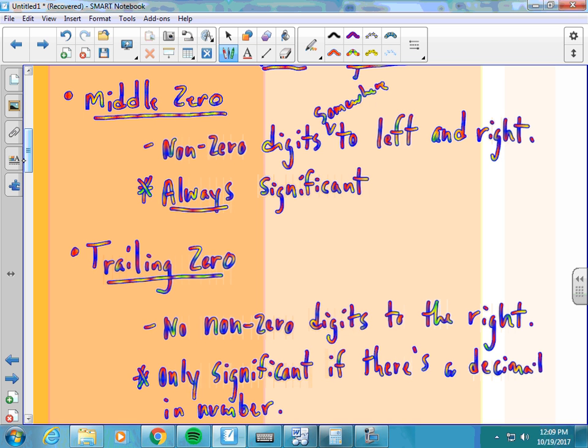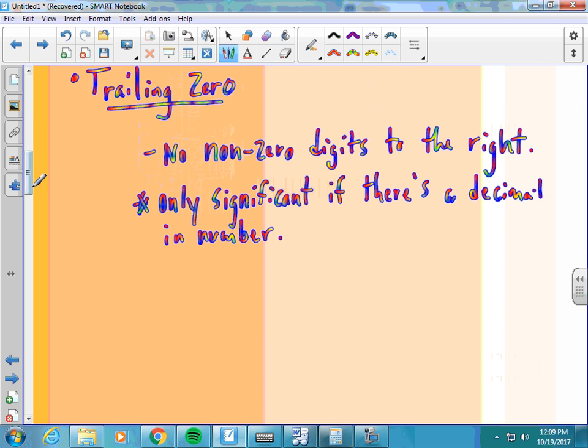So if there's a decimal in the number somewhere, then we count them. If there's not a decimal in the number, they do not count. So this first part under the box, if you're looking at the worksheet I gave you, see the big box, which basically has the rules that I just told you to write down for notes.